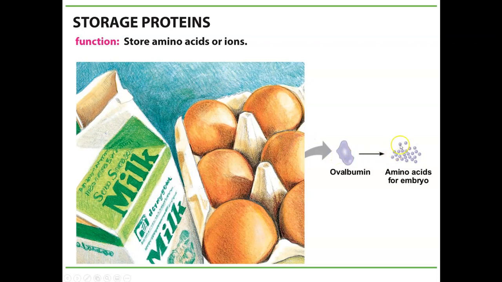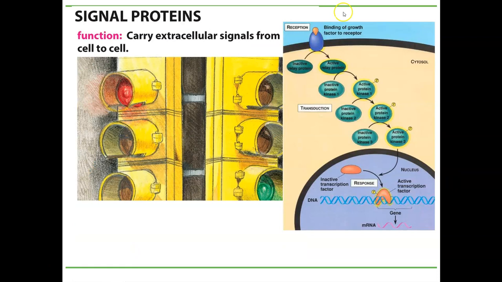So these are just small amino acids that are going to be for the embryo so that it can create all of the enzymes it needs. Ferritin is a protein, for example, in the liver that stores iron for different processes and for our blood, for example. And casein is a protein in milk that stores amino acids in milk for cows.